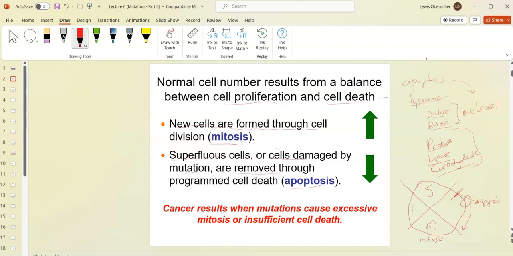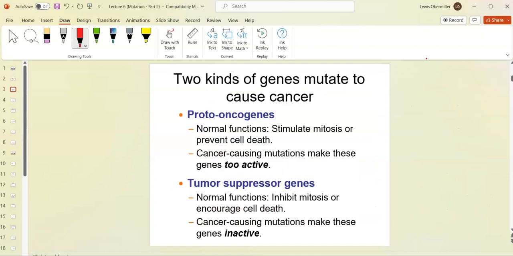And then here's S, G1, G2, and then G0, which is the rest phase. All right. So cancer results when mutations cause excessive mitosis or insufficient cell death. So something is messing with the cell cycle. Either it's going too fast, or the checkpoints aren't in place, so there's nothing to prevent this or send the cell to apoptosis.